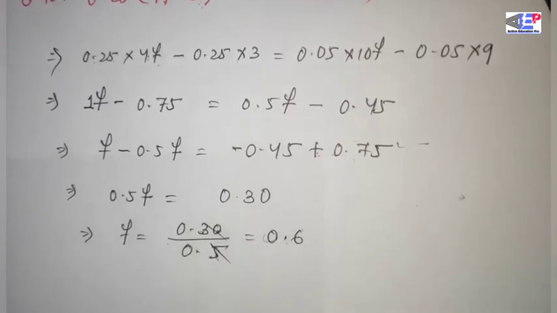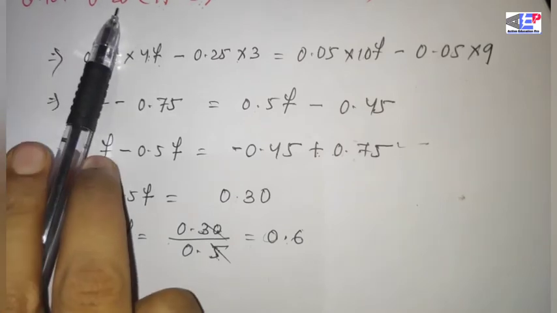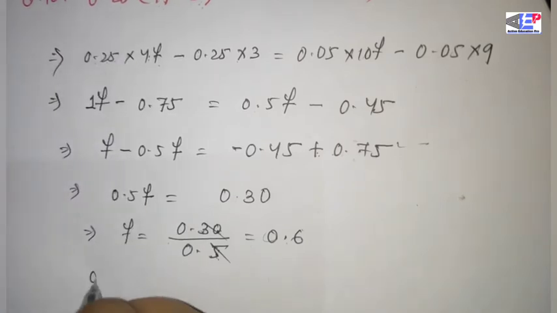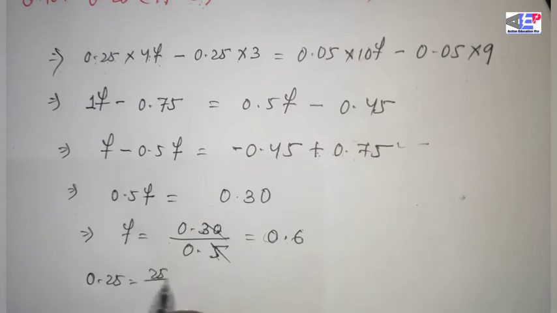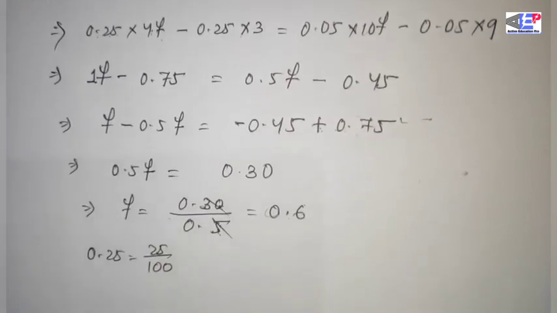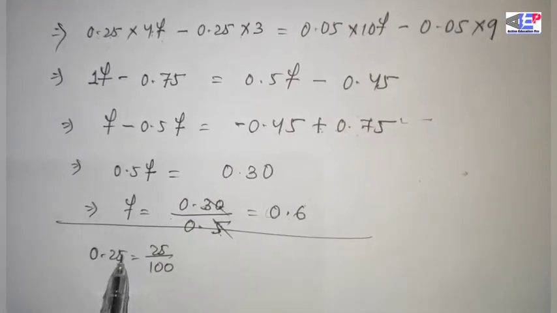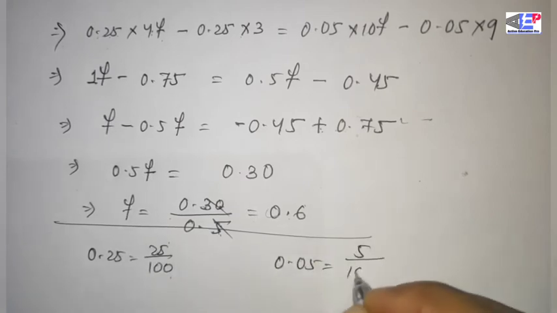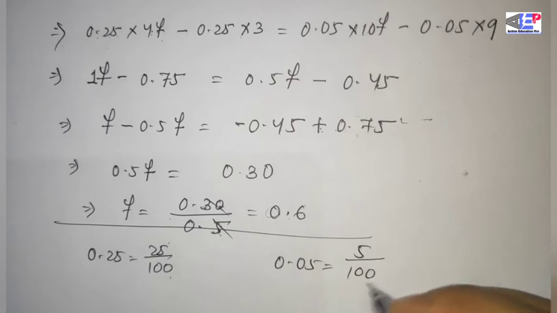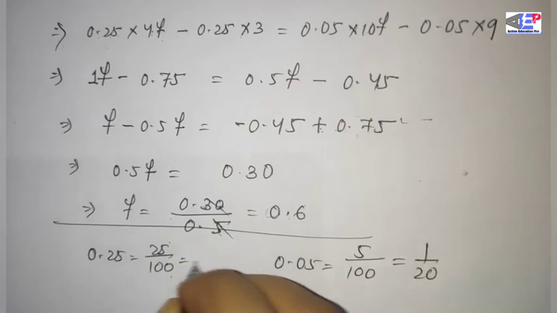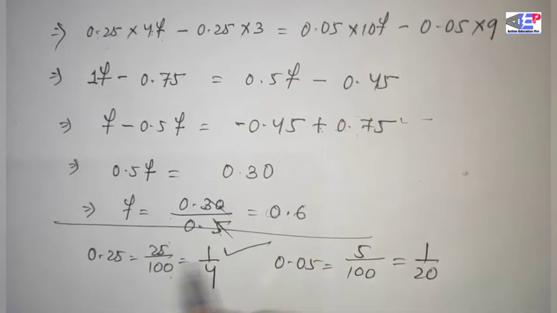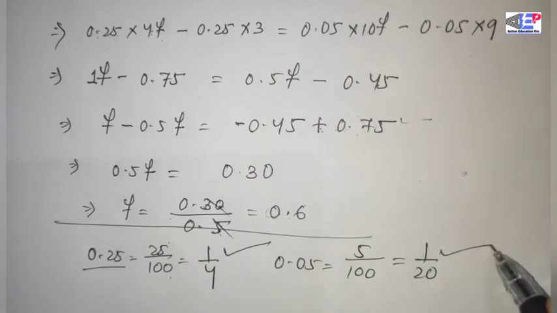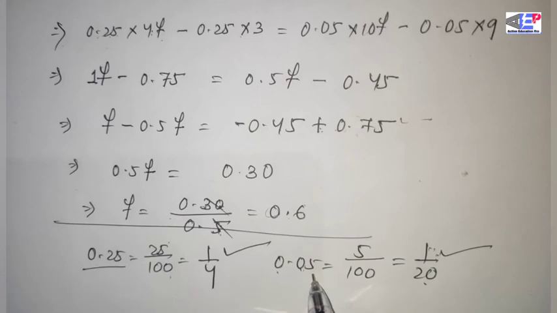Otherwise you can solve it by changing these decimal numbers to fractions. Here 0.25 is 25 by 100 and 0.05 is 5 by 100. If you cancel by 5, it will be 1 by 4 and 1 by 20. These are the least forms of 0.25 and 0.05.